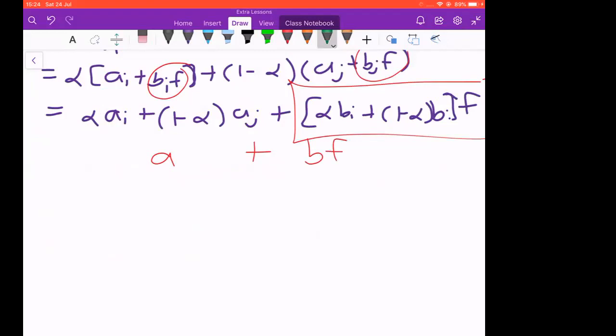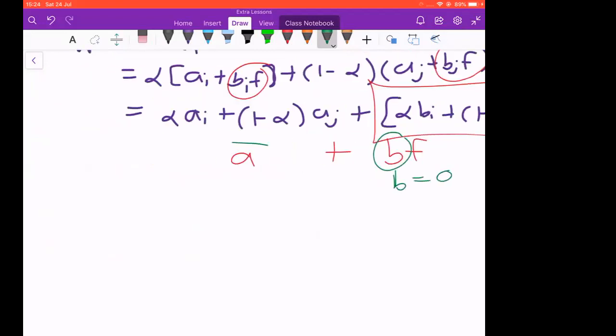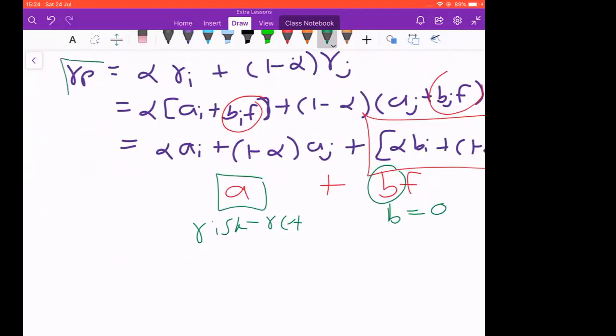So if your B is equal to 0, it simply means that this one over here is going to be your risk-free return, because it's an equation of return.